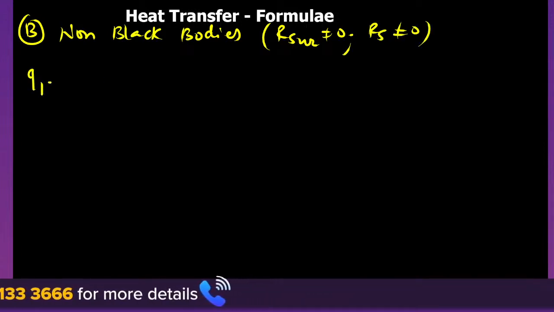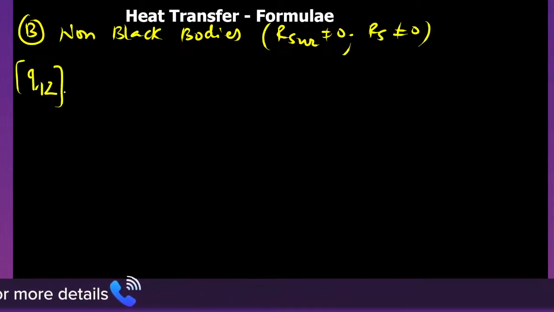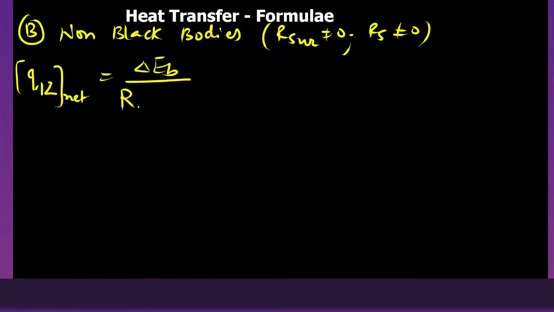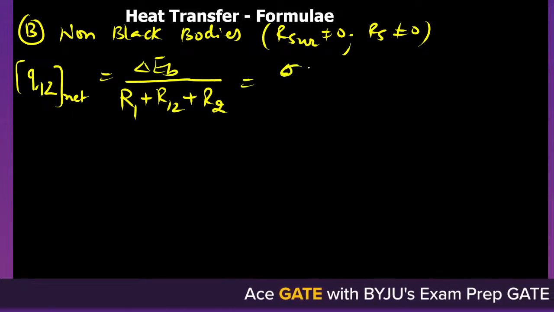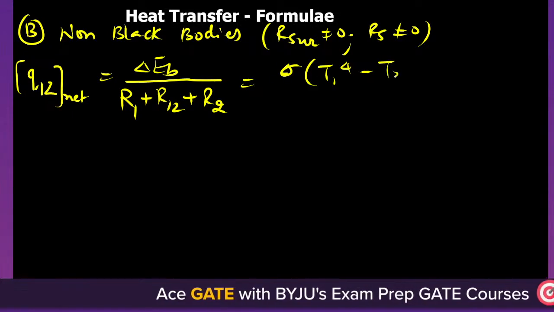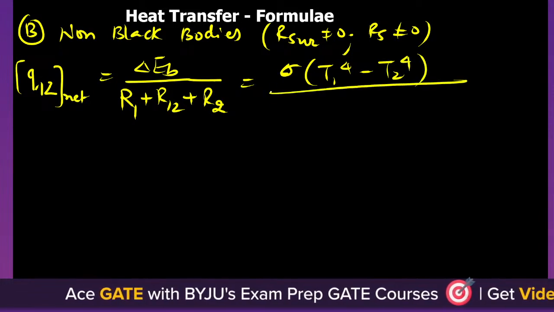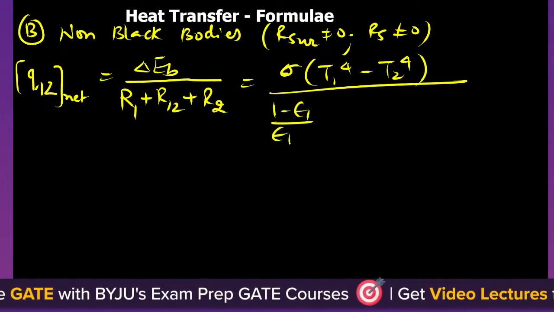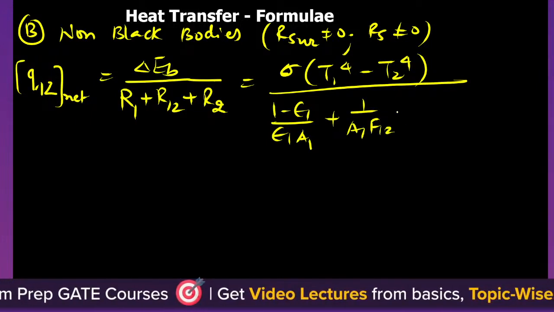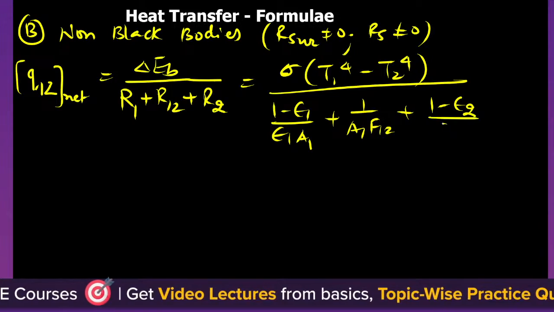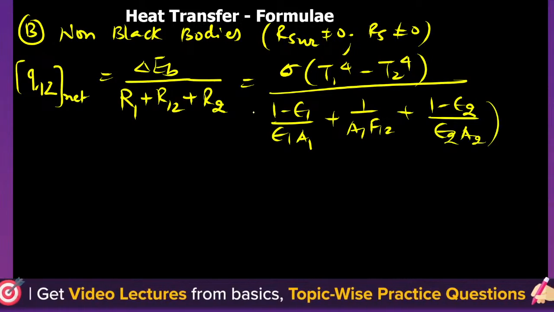So Q1-2 net for the two non-black bodies will be equal to delta Eb divided by the surface resistance for body 1, plus the space resistance between 1 and 2, plus the surface resistance for body 2. If we put the values, we can write sigma into T1 to the power 4 minus T2 to the power 4 divided by (1 minus epsilon 1) upon epsilon 1 A1, plus 1 upon A1 F1-2, plus (1 minus epsilon 2) upon epsilon 2 A2. This will be the expression.